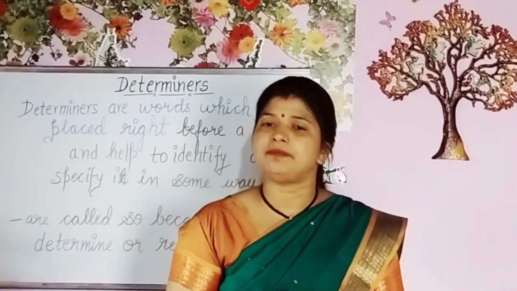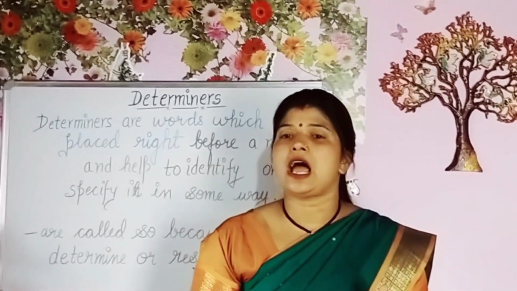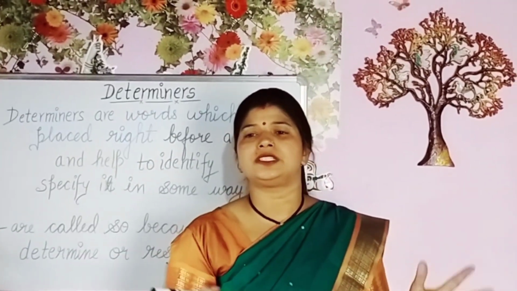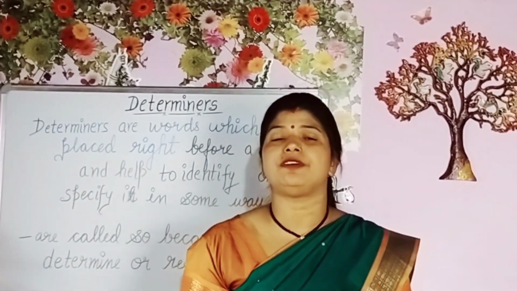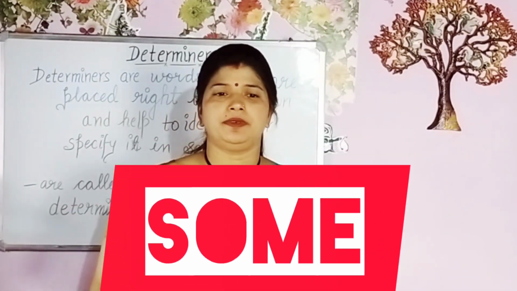Some determiners are like some, any, many, much. These all are your determiners. So one by one we will discuss all. So my dear students, the first determiner which we will talk about is some. S-O-M-E, some. It is used with countable and uncountable nouns in positive statements.